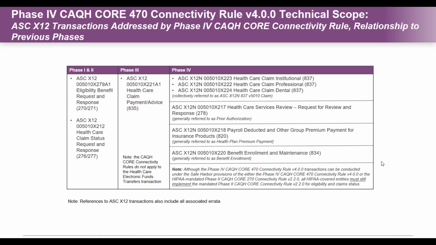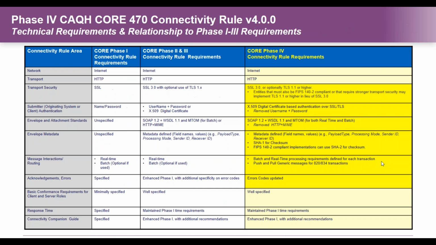The other thing to keep in mind is the phase 2 connectivity rule still continues to be a requirement as per the Affordable Care Act, and for the conduct of eligibility, claim status, and ERA transactions, you continue to need to support the phase 2 connectivity rule. Although for the purpose of the phase 4 connectivity rule safe harbor requirements, you can consider the phase 2 connectivity rule as being one of the methods of connectivity outside of the safe harbor requirements of phase 4. Next slide, please.